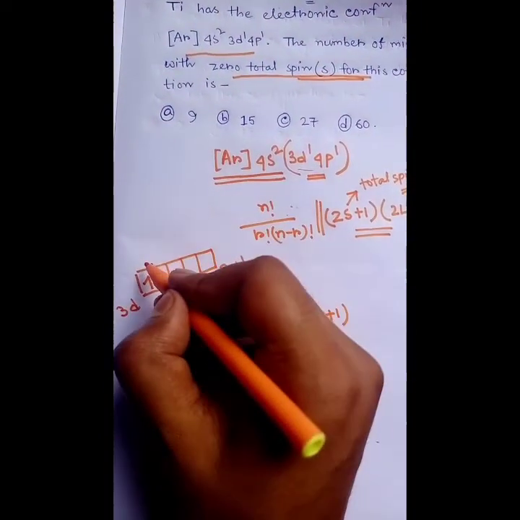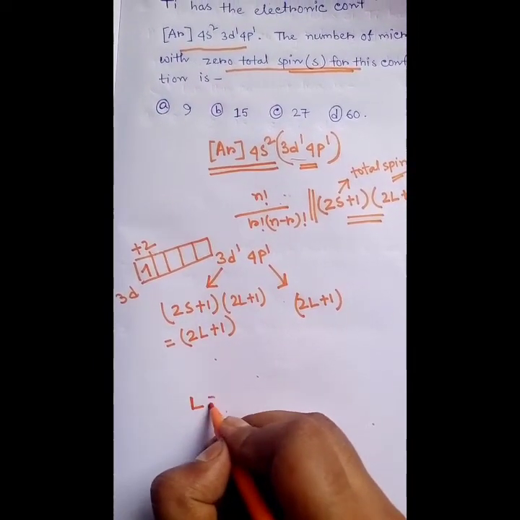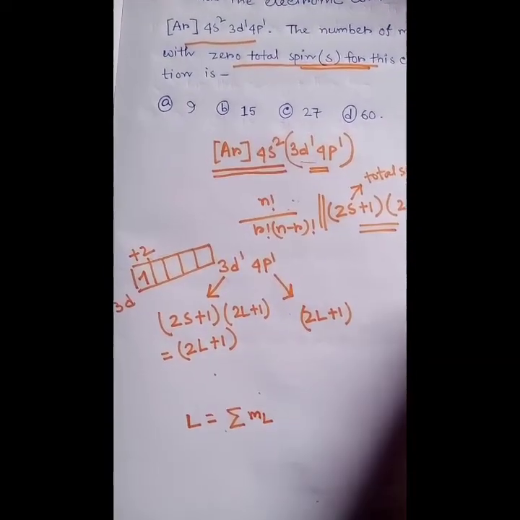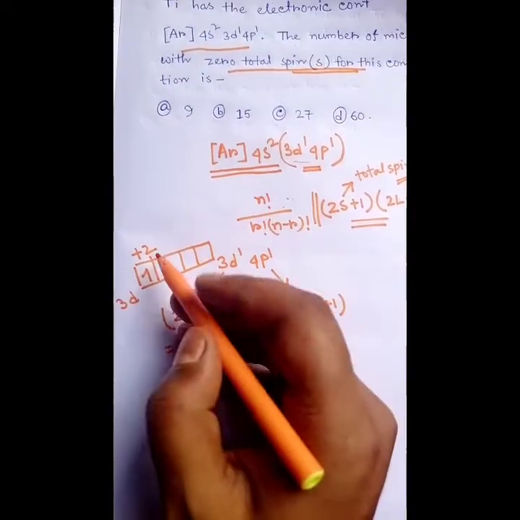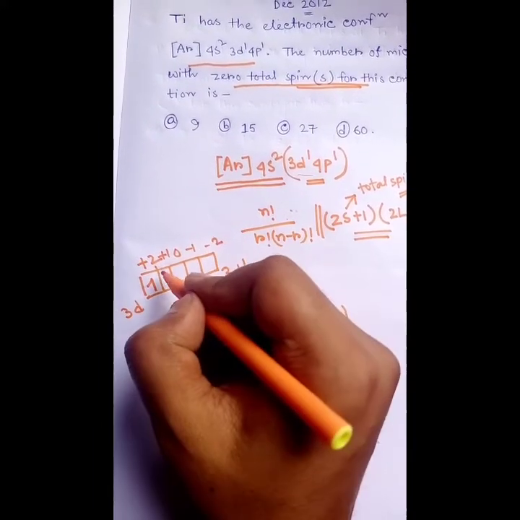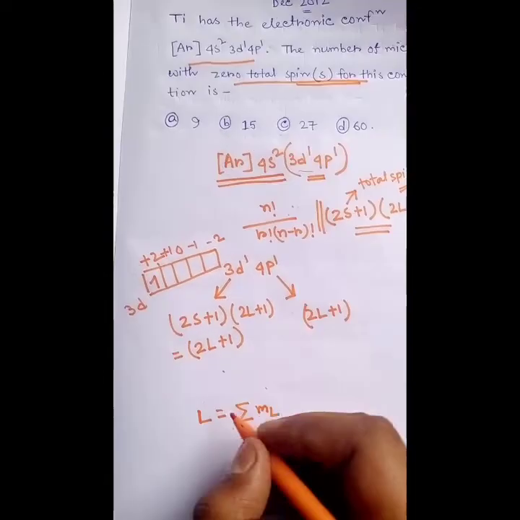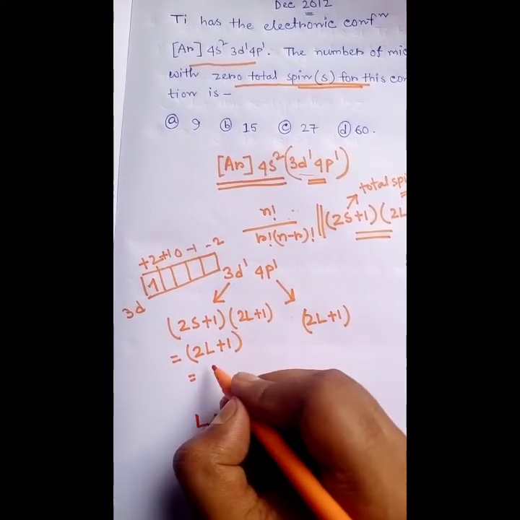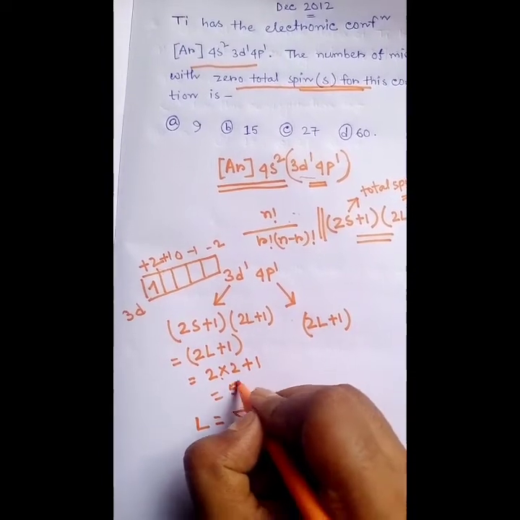To calculate L, another thing you have to remember: L equals the summation of the magnetic quantum number ml. The ml values will be +2, +1, 0, -1, -2, but in this 3d1 case the value of ml is only +2, so the value of L will be 2. So for 3d1, (2L+1) will be 2 into 2 plus 1, equal to 5.